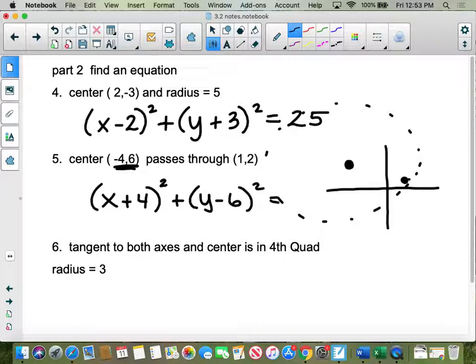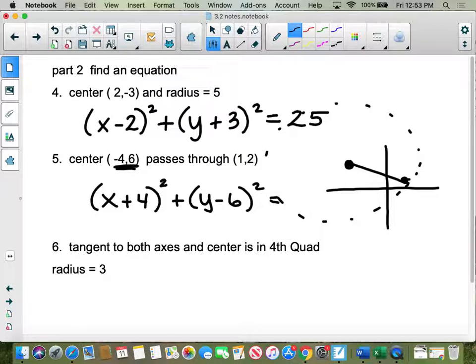If the center's at negative 4, 6, and it passes through 1, 2, what happens when we connect those 2 points? It makes the what of the circle? Makes the radius of the circle. How do you find the distance of the radius of the circle? What do we have to do? Don't we have to do the distance formula from yesterday? Was it yesterday? Yeah, it was yesterday.